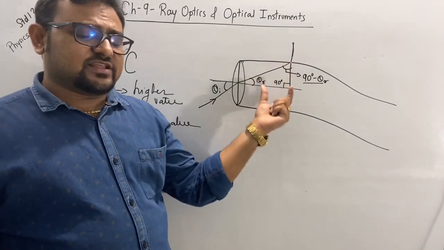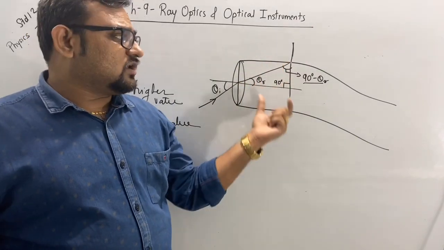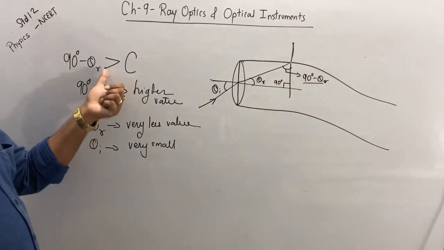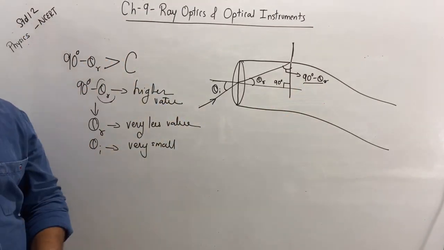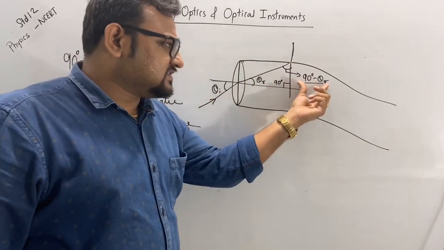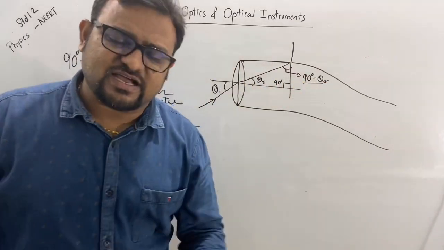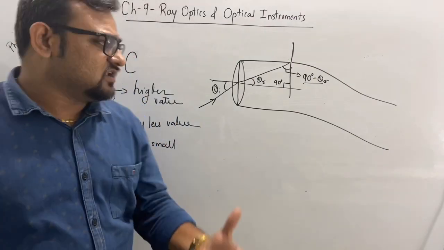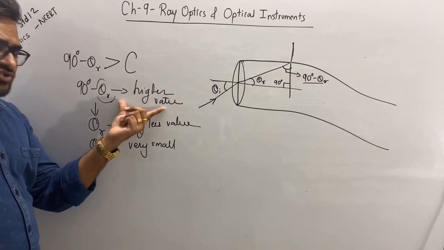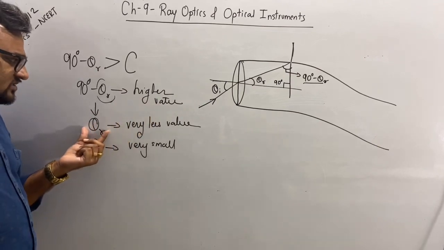If we want this ray to be totally internally reflected, this angle must be greater than critical angle. So higher this angle, higher the chances of total internal reflection.